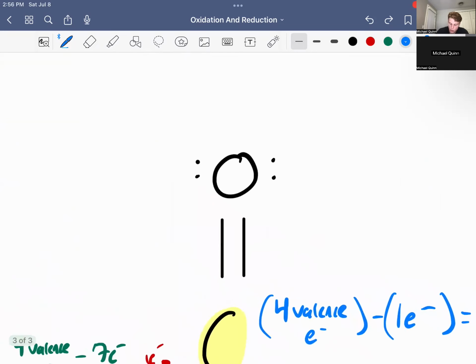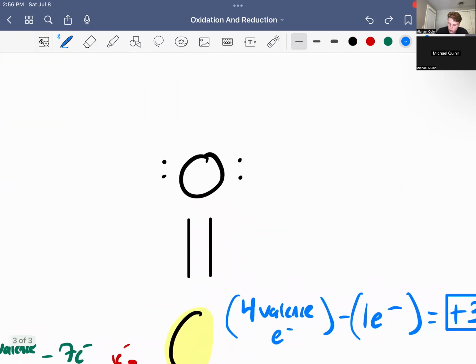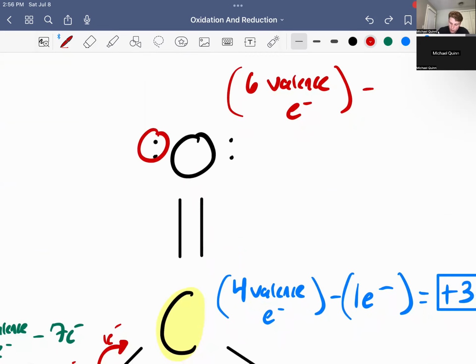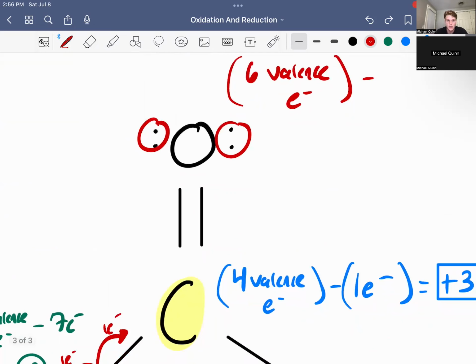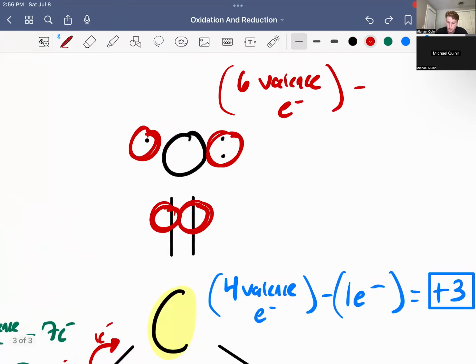Now, looking at this oxygen, oxygen wants 6 valence electrons. And in this molecule, let's see how many electrons it has. Well, it has 2, 4 from these 2 lone pairs, and oxygen is more electronegative than carbon, so it will take all of these electrons. So 2, 4, 6, 8 electrons.